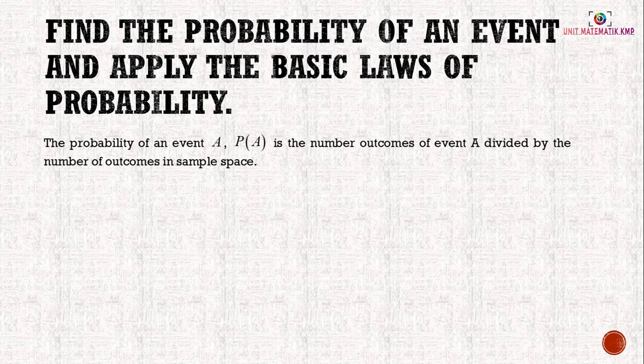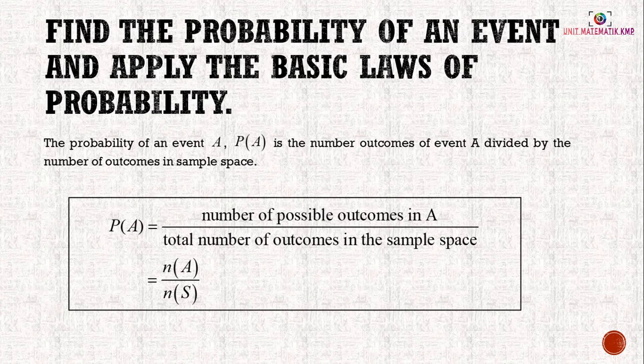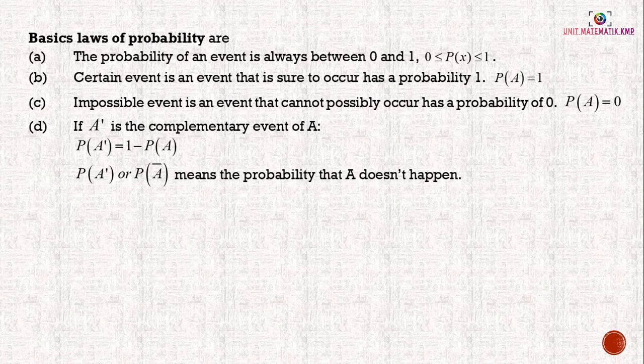So tu dalam ayat. So dalam formulanya maksudnya kita akan ada number of event A, this one, divided by the total number of outcomes in a sample space. Okay, basic laws of probability.